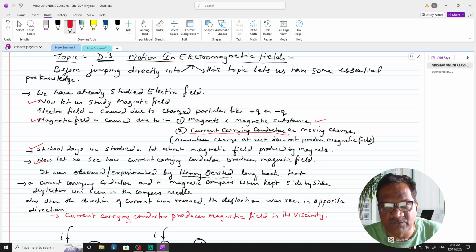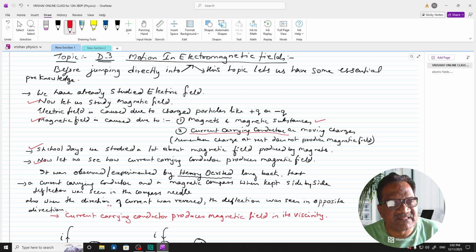It was observed and experimented long back by a scientist called Henry Oersted, who observed that when a current carrying conductor and a magnetic compass were kept side by side, some deflection was seen in the compass needle.